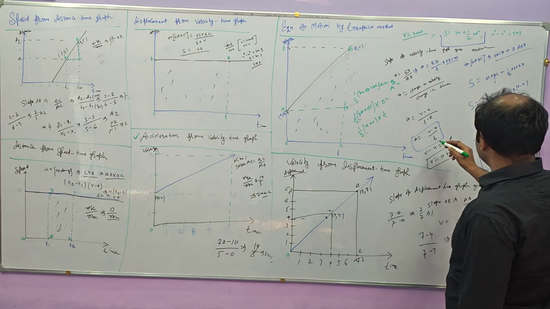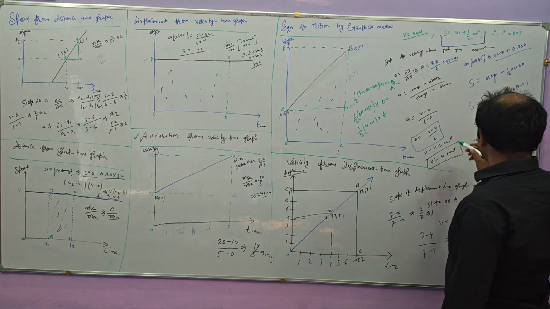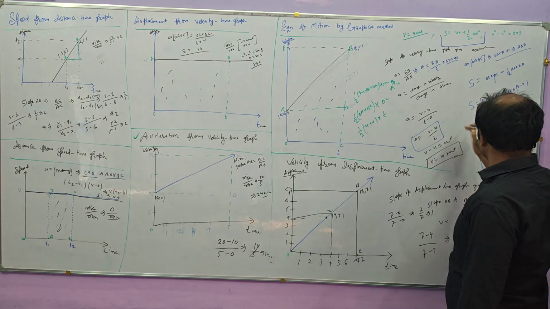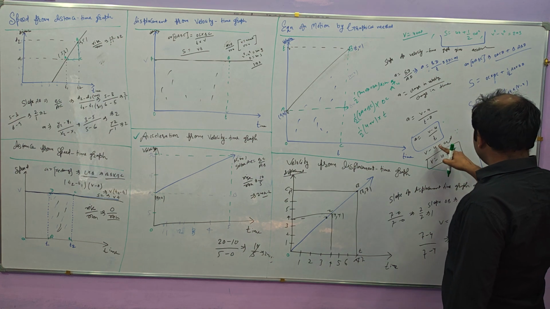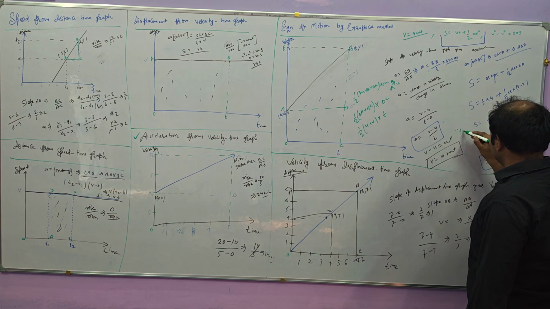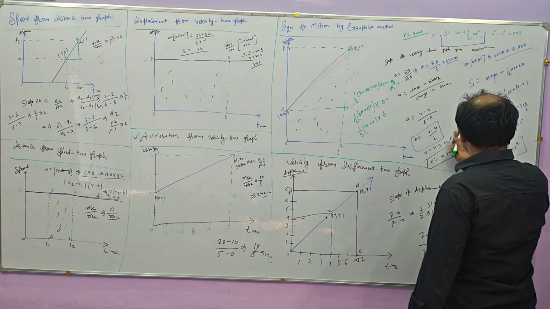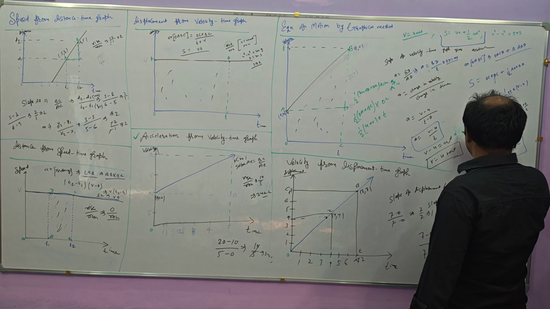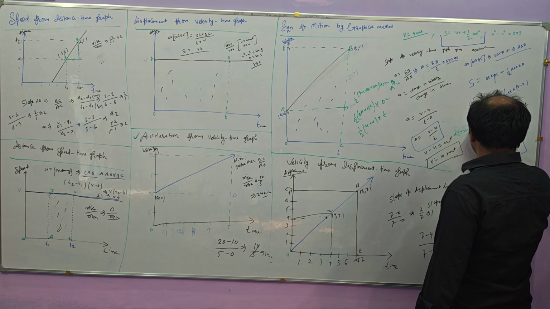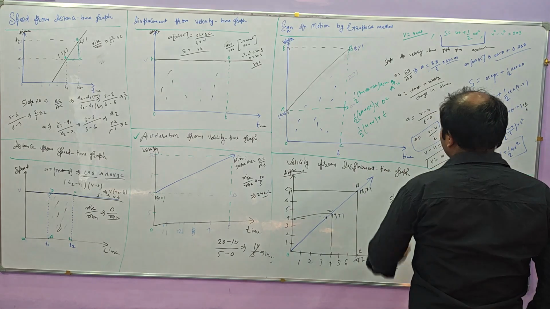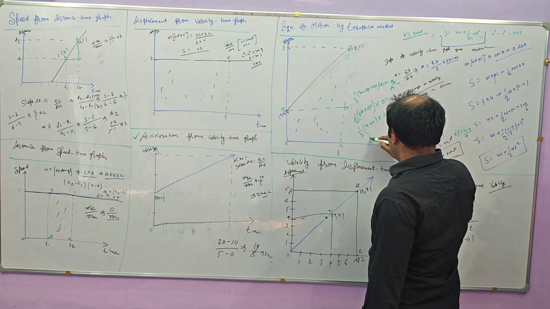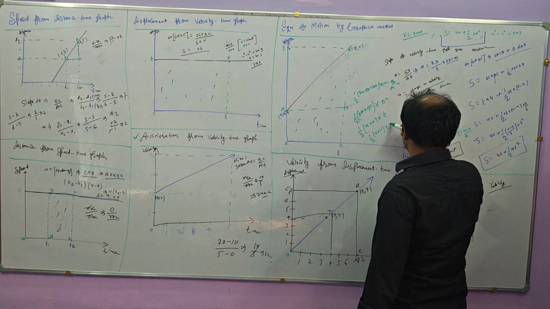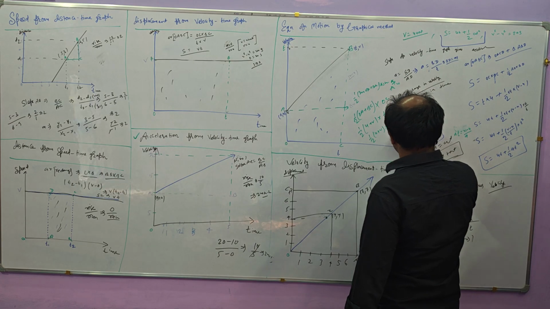When we derive like this, V minus U is equal to AT, so T is equal to V minus U upon A, and we have half into U plus V and V minus U upon A.